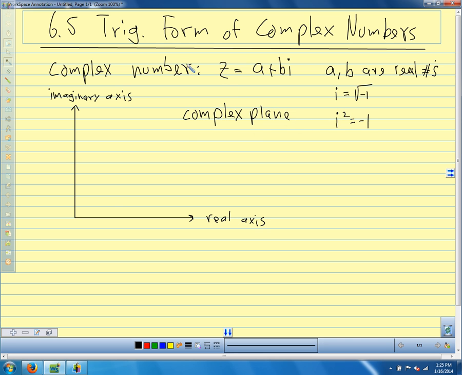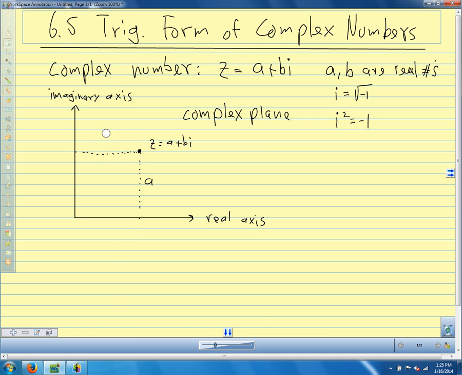So what we think about is going over by a units and up by b units. So this is z equals a plus bi. And if I project this down and project this over, that side, that length is a, and that length is b.